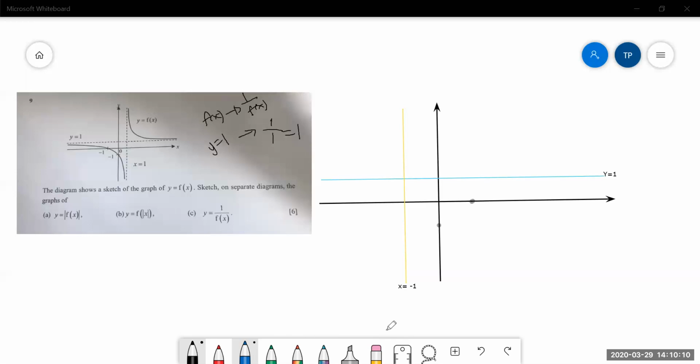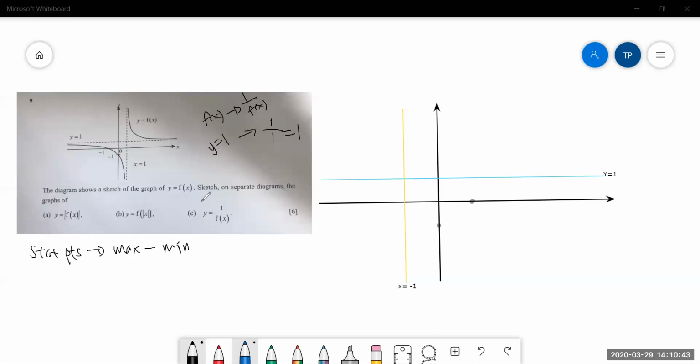Stationary points. Any stationary points here? No, there isn't. When they say stationary points, it means either a maximum point or a minimum point.